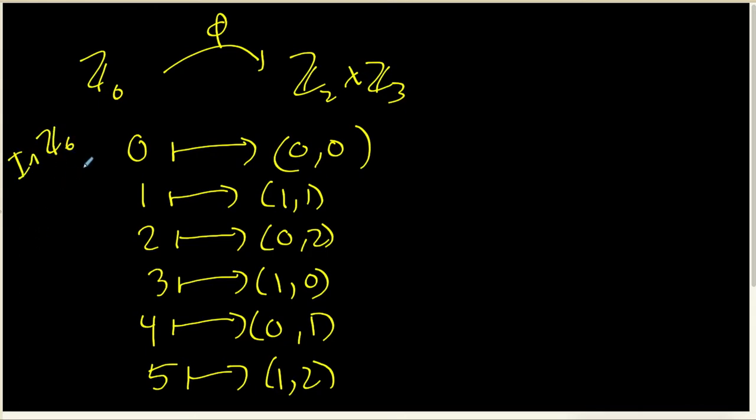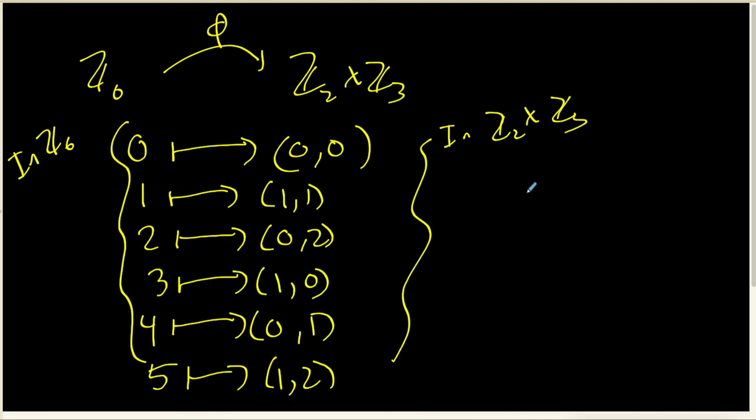So in Z6, our elements are these guys, and in Z2 cross Z3, the elements are these ordered pairs, but because the tables look the same, the two rings are actually indistinguishable from each other except for the names of the elements. And that's true of any pair of isomorphic rings. The only difference in their structure is what do you actually call the elements.